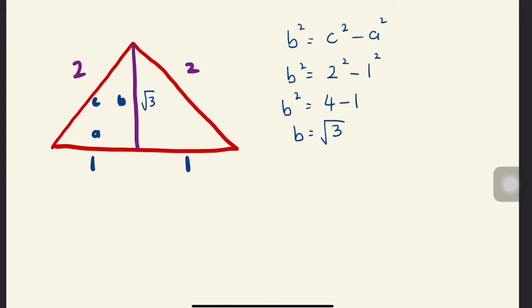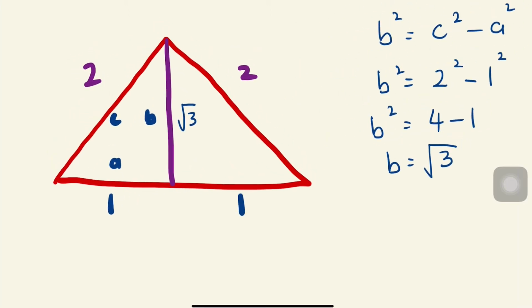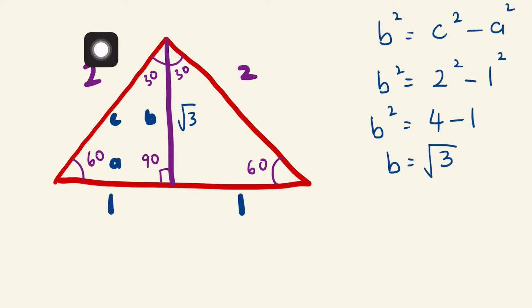One more. This is sama sisi kan, equilateral triangle. So kita ada over here 60, over here we have 60, and over here 60 kan, divide by 2 we have 30. And this one is 90. So pilih lah. If you prefer the left triangle, ambil left.